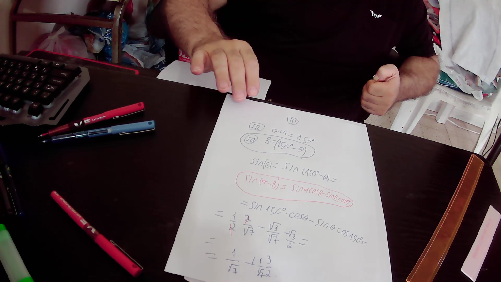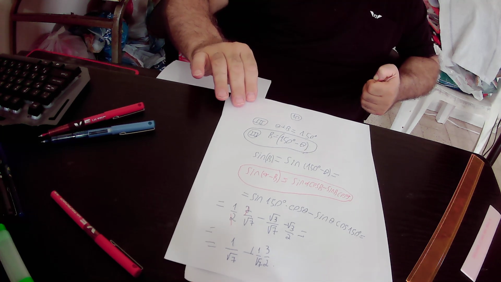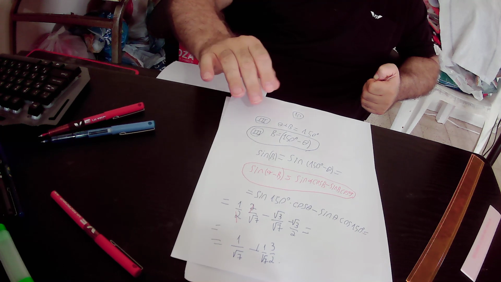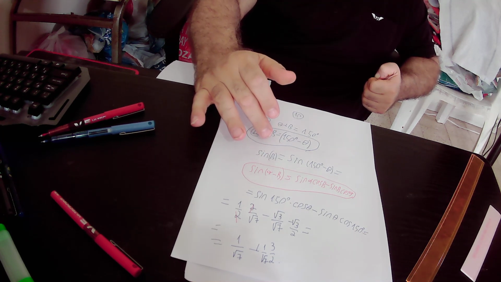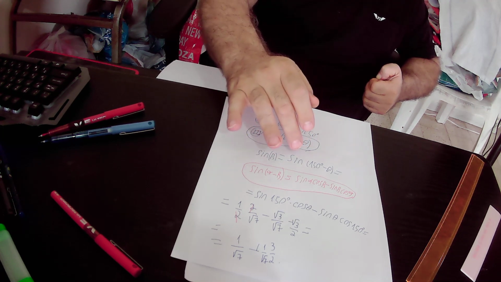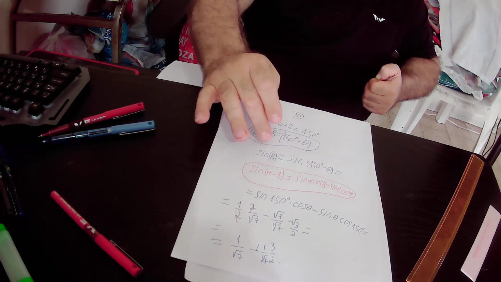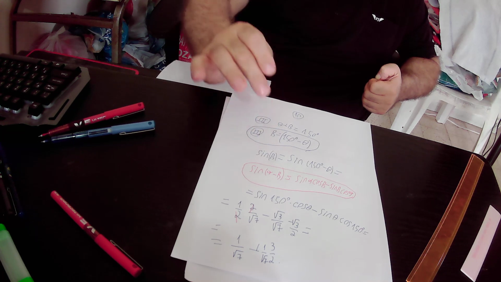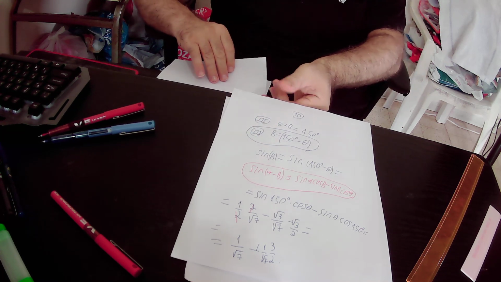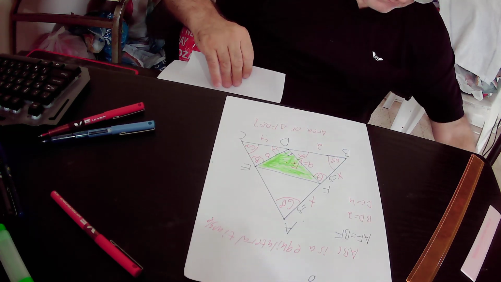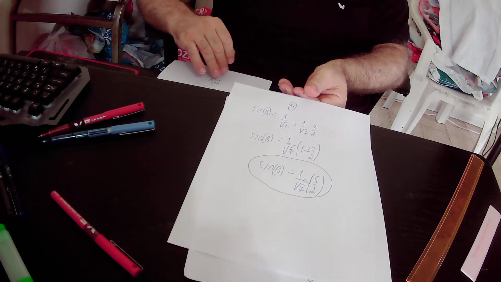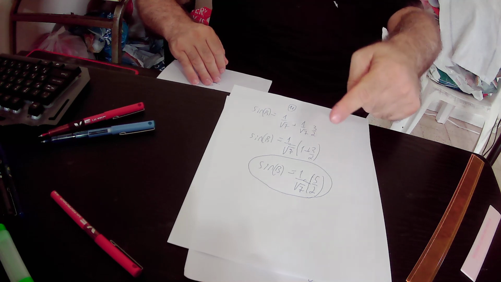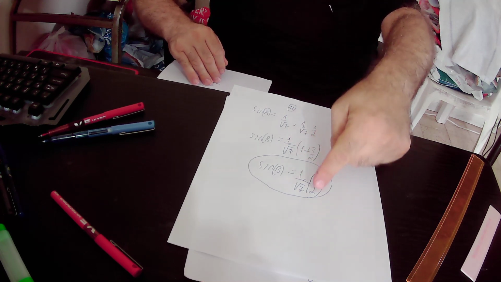So by this trigonometric identity, we found the value of sine of 180 degrees minus theta, that is actually equal to sine beta. And we found that the value of sine beta is 5 over 2 root 7.